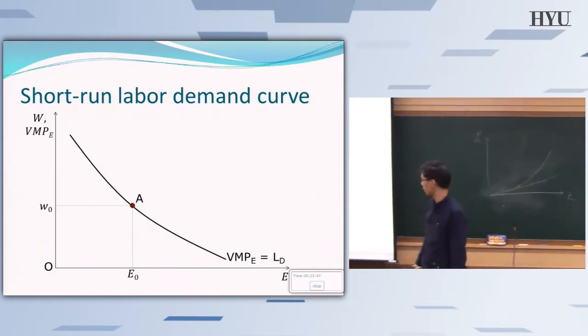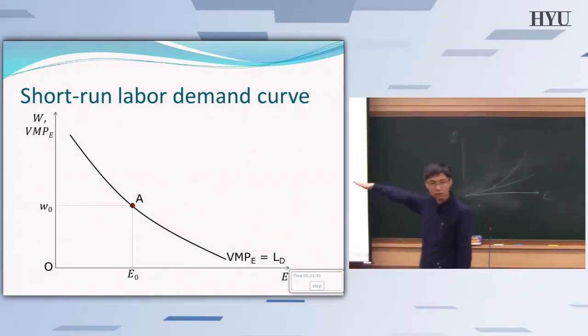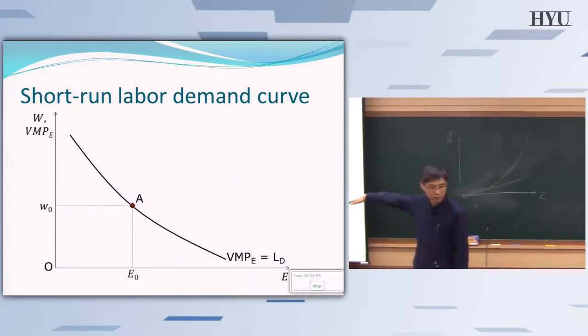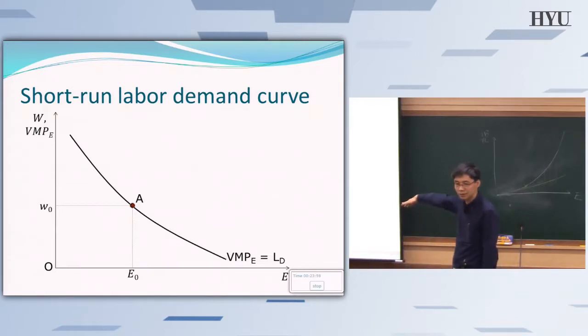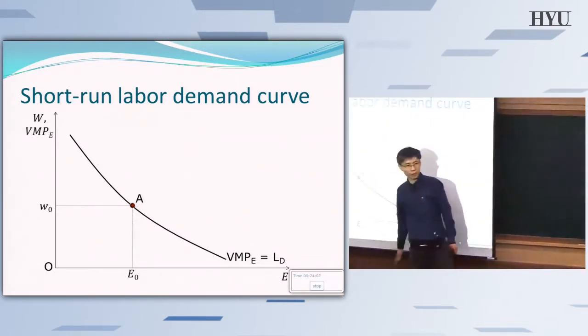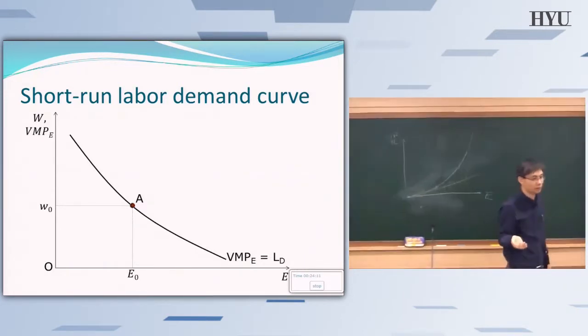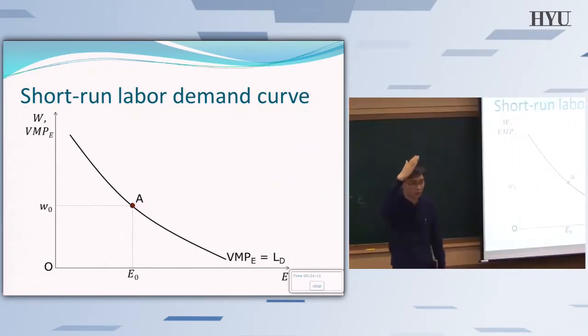Okay, short-term labor demand. So the VMP curve is negatively sloped because of the diminishing marginal product of labor. So that automatically means the short-term labor demand curve is negatively sloped.